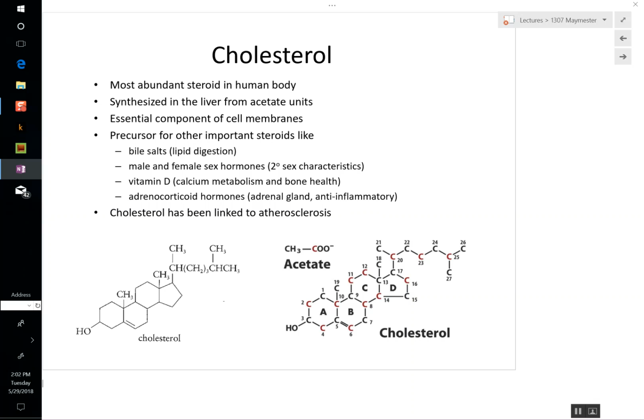I haven't made these aromatic. They usually are not aromatic, although there are some steroids with aromatic rings. Cholesterol ends up being the precursor for the synthesis of most other steroids in the body. So you're making the other steroids from cholesterol.